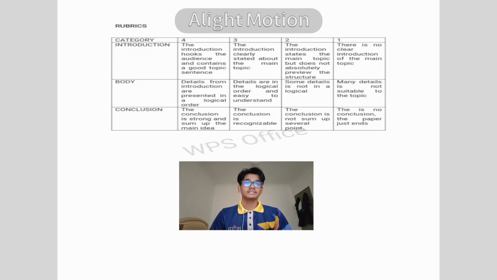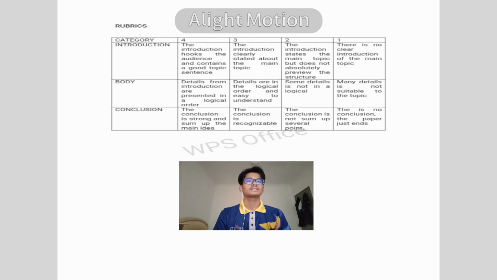So this is the rubric for part C. So basically I will observe the essay in 3 elements: introduction, body and conclusion. There are 4 stages, which are 1 mark, 2 marks, 3 marks and 4 marks. For 1 mark in the introduction, there is no clear introduction of the main topic, which means the writer did not state any introduction of the main topic.